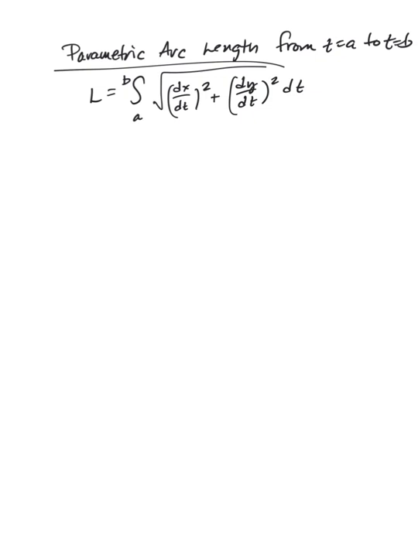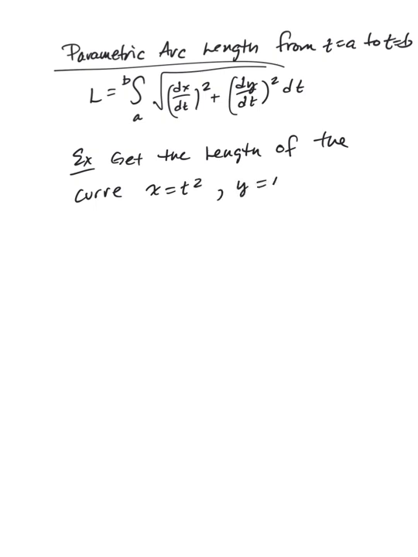So let's find the arc length. Okay, x equals t squared, y equals 4t cubed minus 1 from 0 to 1. So first we get dx/dt, right?